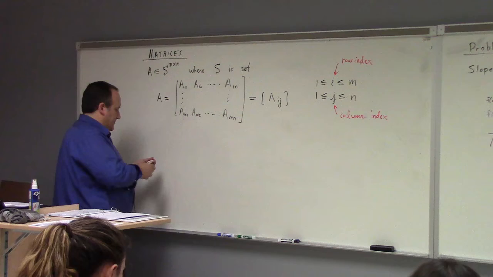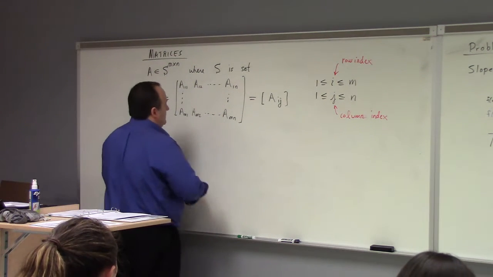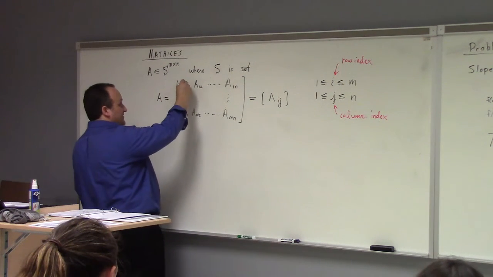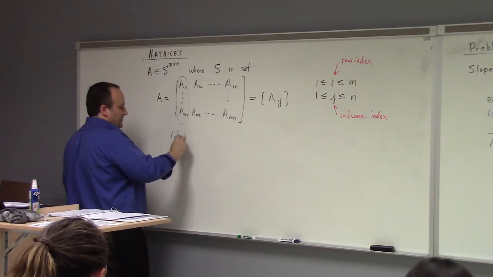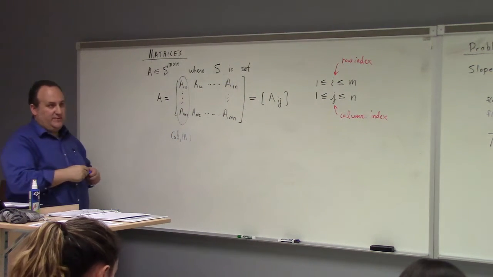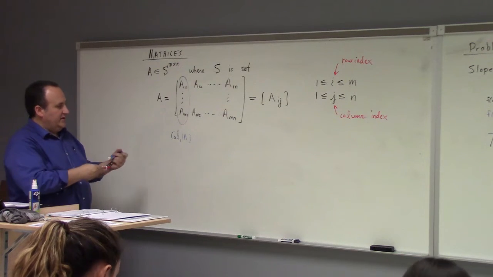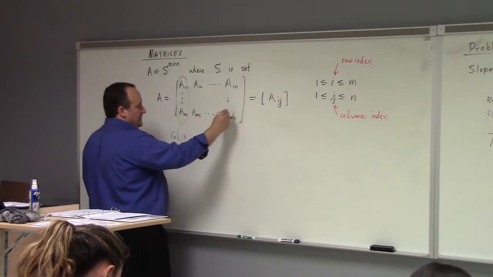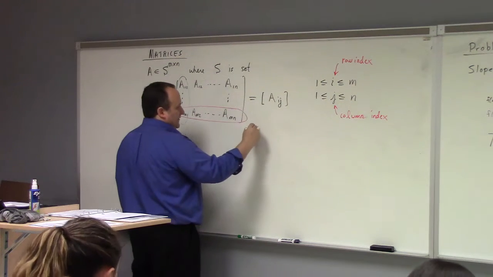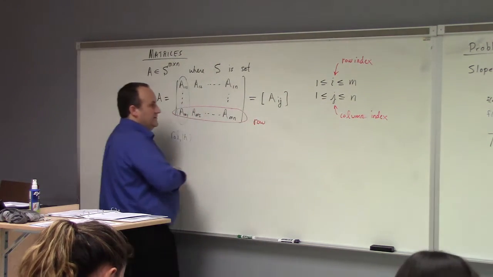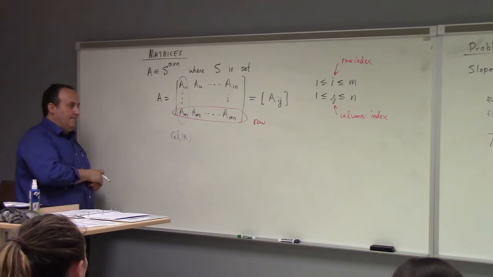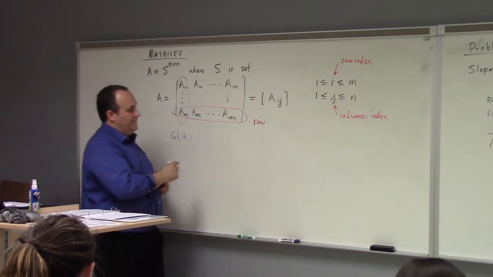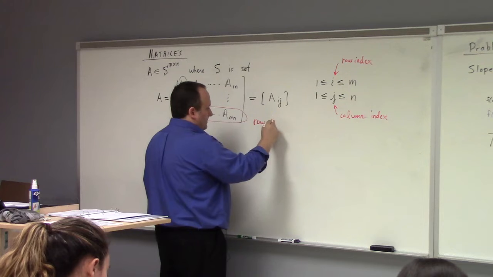Now, of course, you can talk about, for example, if we just look at these, that's column 1 of A, right? If we just looked at these, that would be row m of A, right?